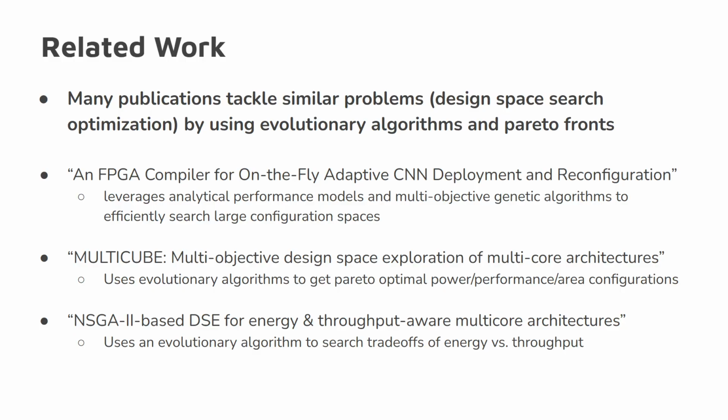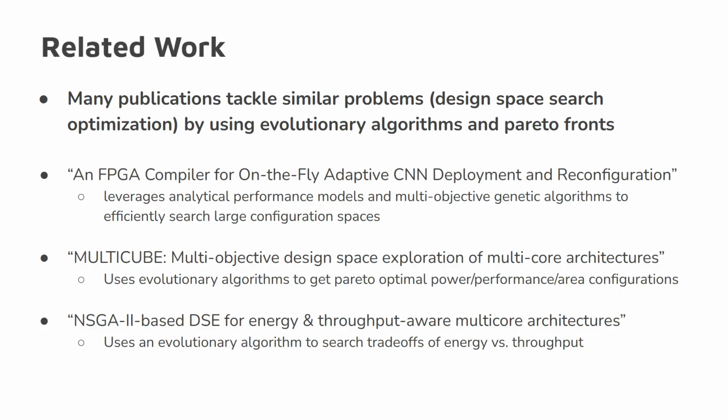goal here. Another paper, Multi-cube: multi-objective design space exploration of multi-core architectures. This one uses evolutionary algorithms to get Pareto optimal power, performance, and area configurations. So that is quite similar to what we want to do here. Again, conflicting trade-offs, which is the motivation for multi-objective evolutionary algorithms.